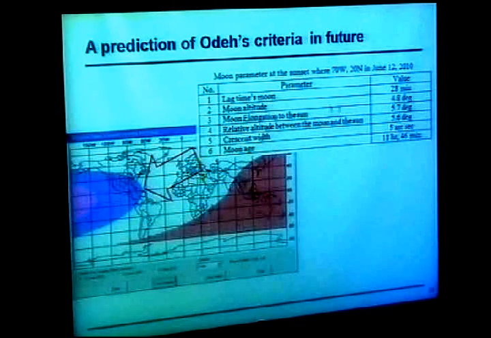The elongation of the Moon is 5.7 degrees, while James Stem recorded 6.5 degrees. This difference is the error.